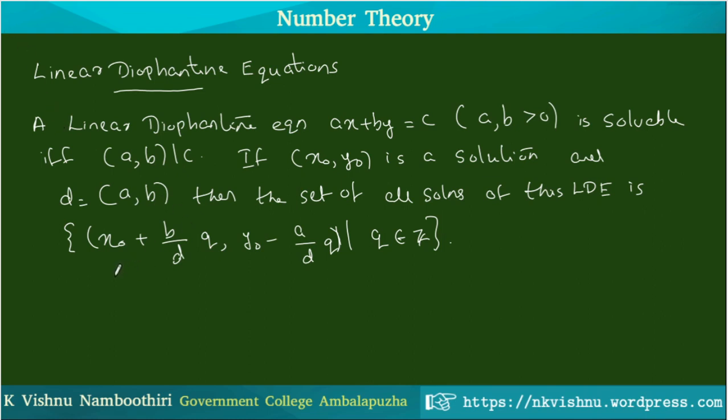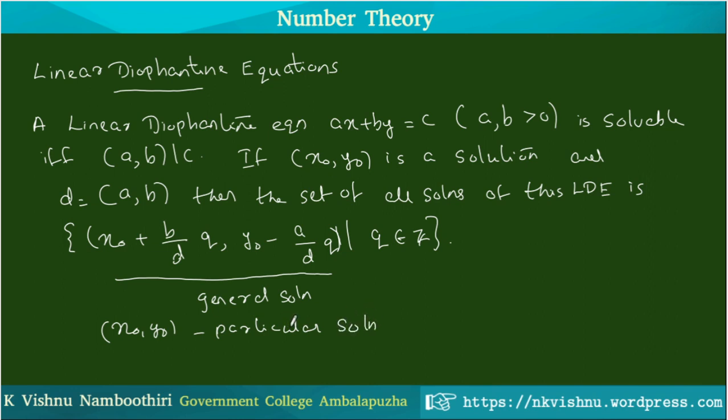This, x naught plus b by d into q, y naught minus a by d into q, is known as the general solution of the linear Diophantine equation ax plus by is equal to c, and the x naught, y naught that we are finding is known as a particular solution. So we have general solution and particular solution. Now we will see Euler's method using a problem.